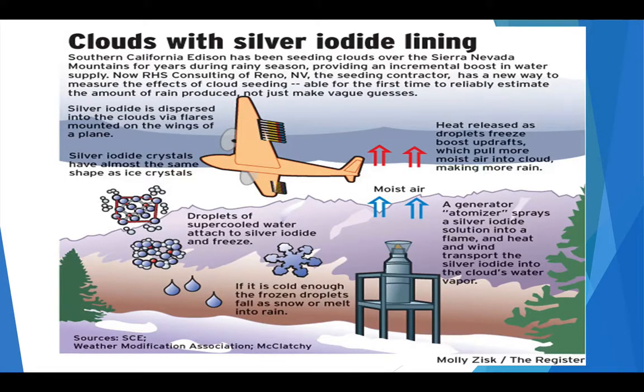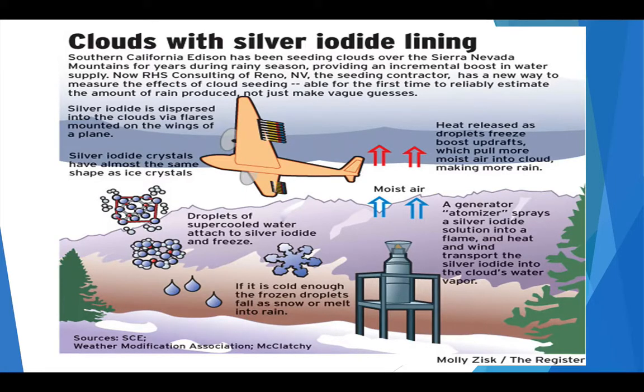The silver iodide is released into the cloud, and like I explained before, it attracts ice crystals, and it forms supercooled droplets. Then they fall, and on their way down, they melt, creating rainfall.